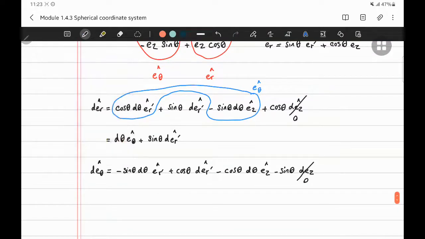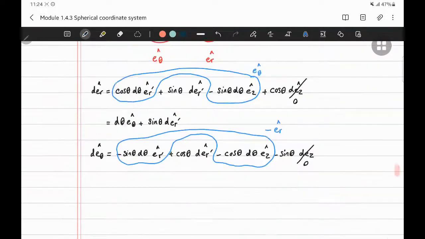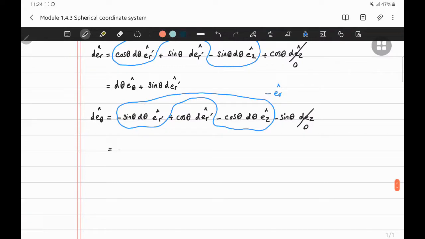So basically this term here is minus e r. If we factor out this minus sign, you get this e r in here. All right, so we have minus d theta er plus cosine theta d er prime, and that's it.